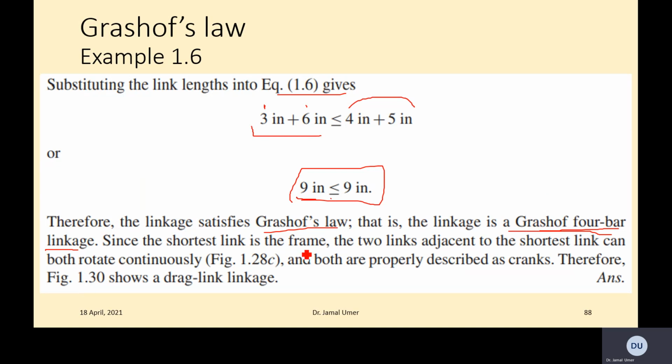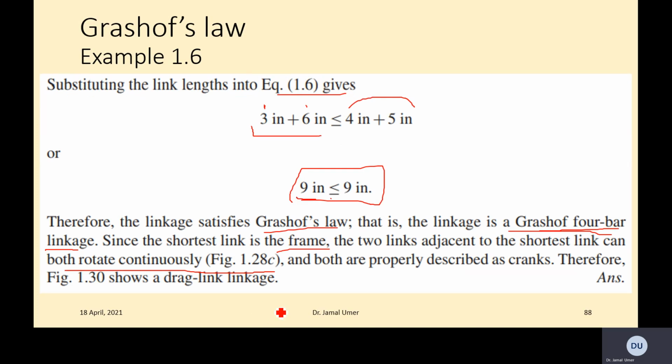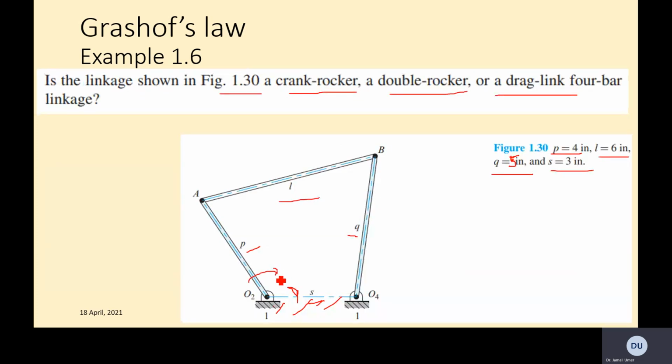Since the shortest link is the frame, the two links adjacent to the shorter link can both rotate continuously. In a conventional 4-bar linkage, this has to rotate, but now this S is stationary, so it's not moving in this combination. So the links adjacent to it will make complete rotation continuously.